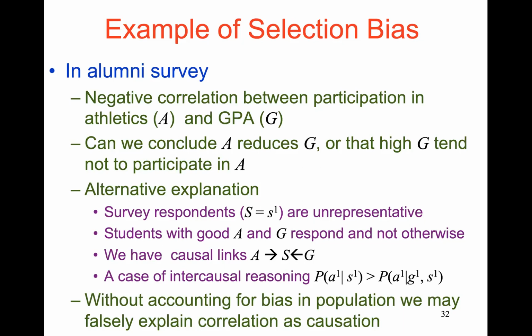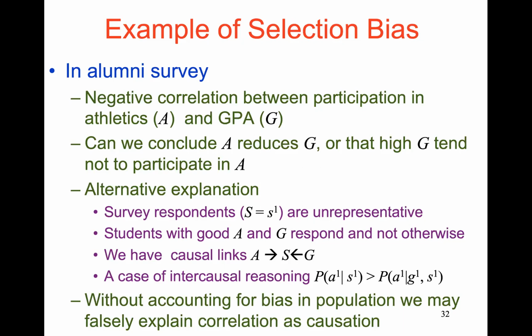So can we conclude A reduces G, or that high G tends to not participate in A? So we say if you participate in athletics, you reduce your grade, or if you get high grades, you tend not to participate.